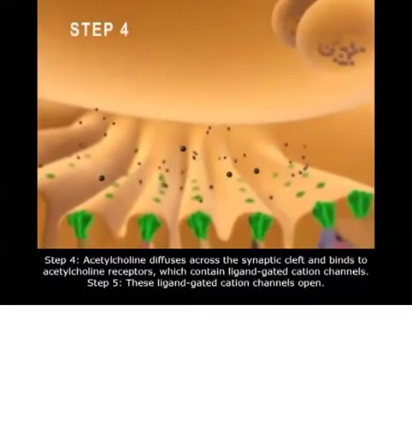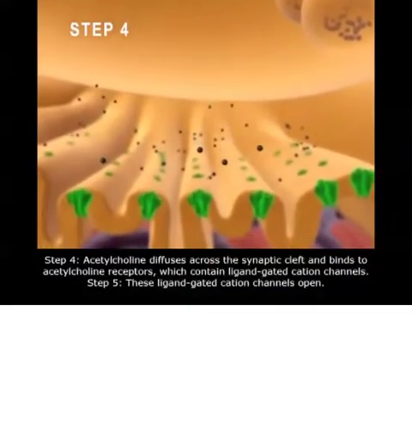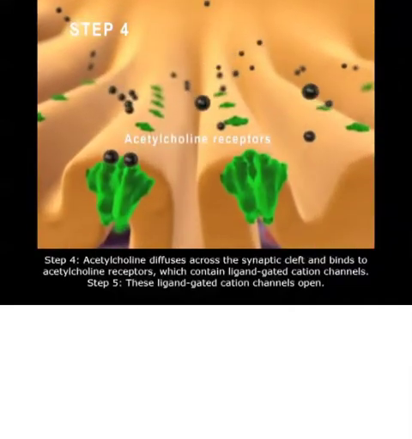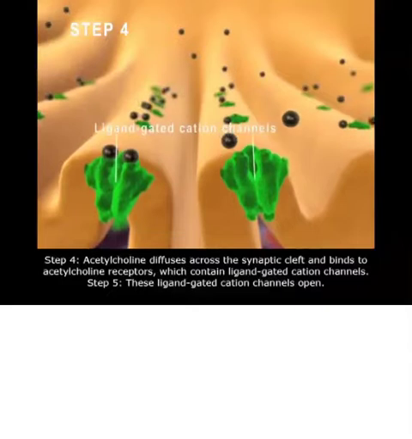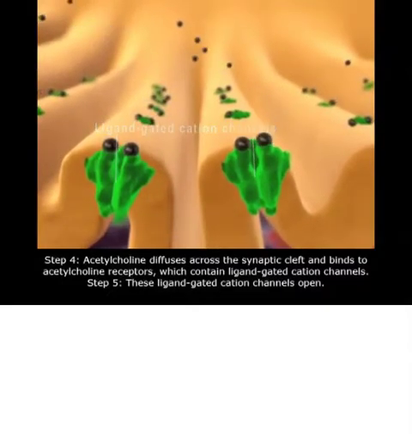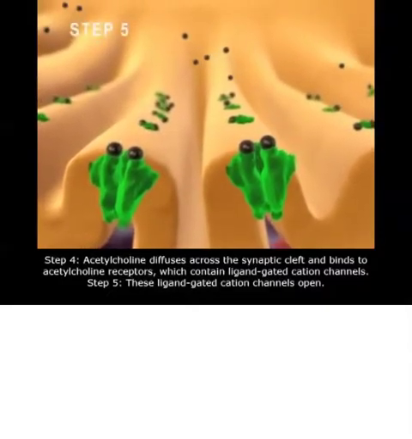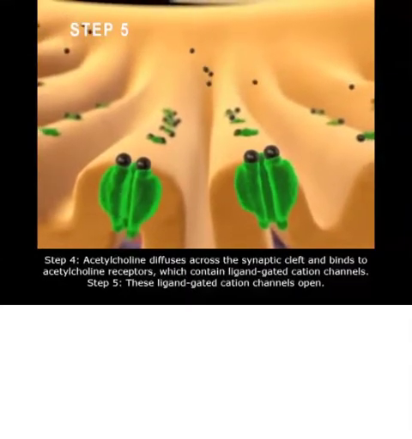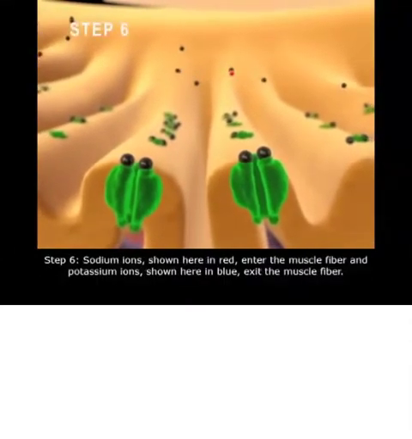Step 4. Acetylcholine diffuses across the synaptic cleft and binds to acetylcholine receptors, which contain ligand-gated cation channels. Step 5. These ligand-gated cation channels open. Step 6.